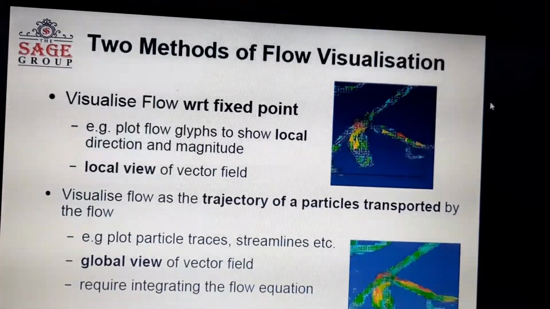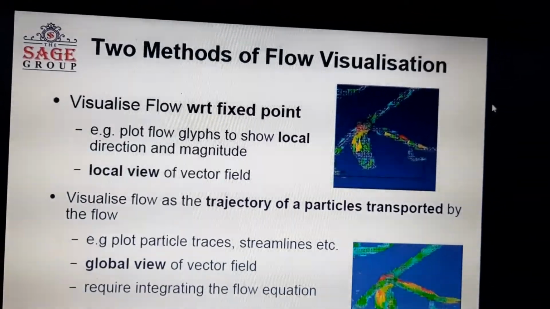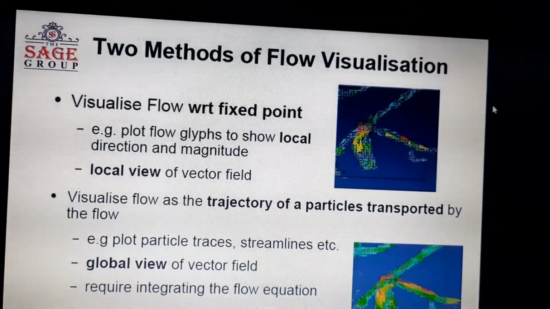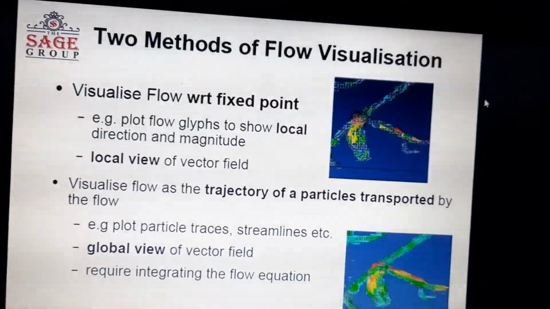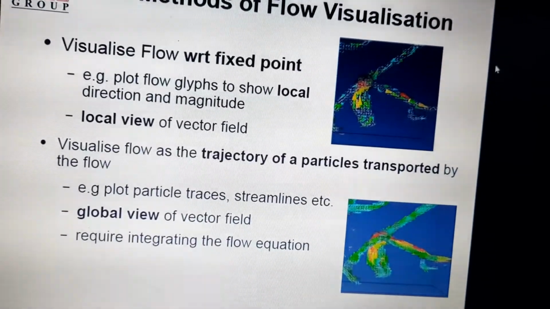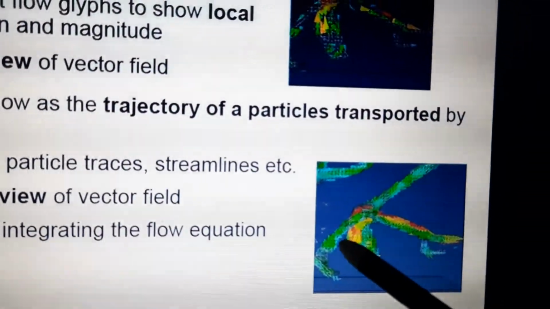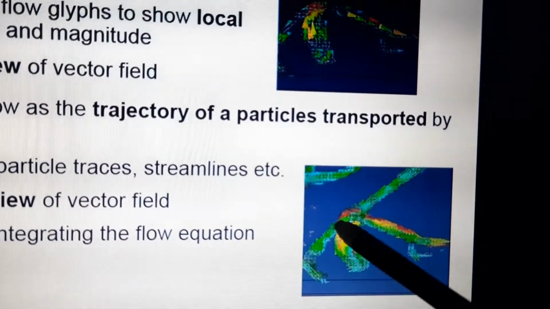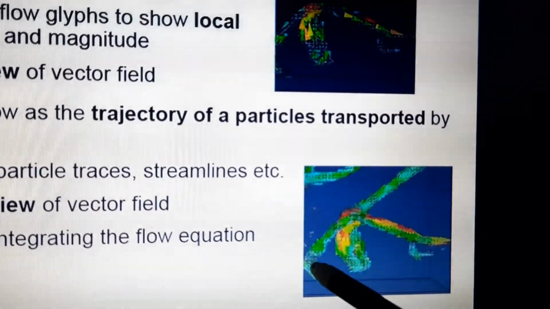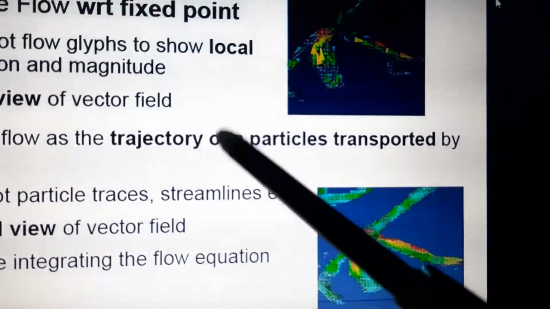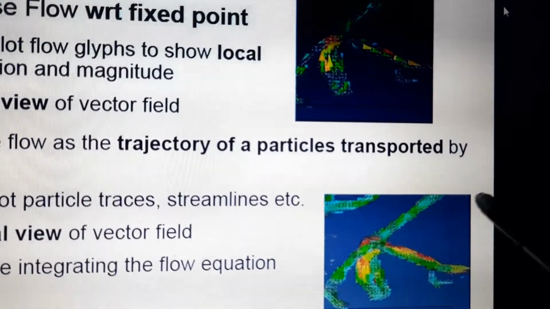And the second method to visualize is the flow as a trajectory of particles transported by the flow. Means we will consider some particles which are moving. We will divide the whole scene into small particles, and then we will show the movement of those particles like a trajectory, in which direction those particles are moving.